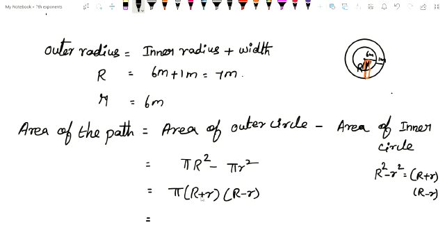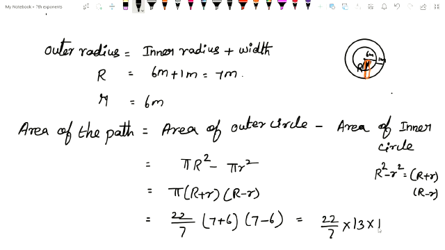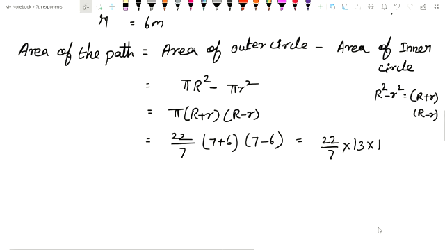If it is not mentioned, you can take it as 22 by 7, into capital R 7, small r 6, then 7 plus 6 is 13, into 7 minus 6 is 1. So 22 into 13 by 7.